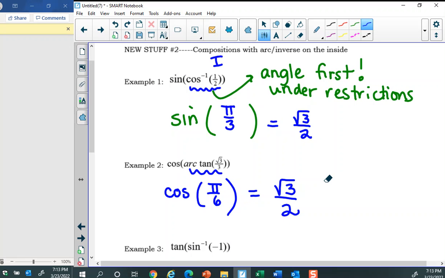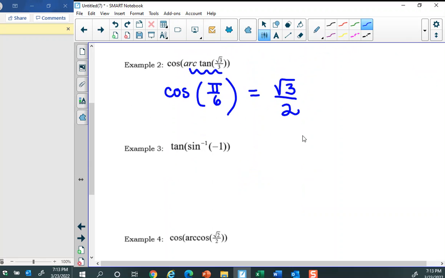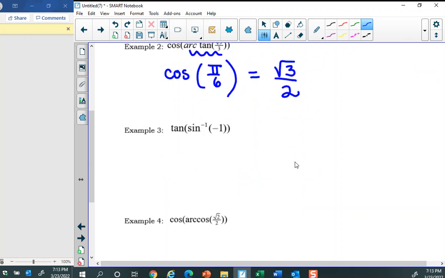Same thing for our cosines. Our tangent values are 0, 1, root 3 over 3, root 3, undefined. Because we're restricting ourselves to the unit circle, we only have so many numbers that we can potentially talk about.